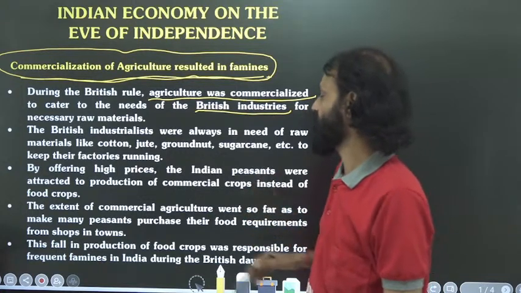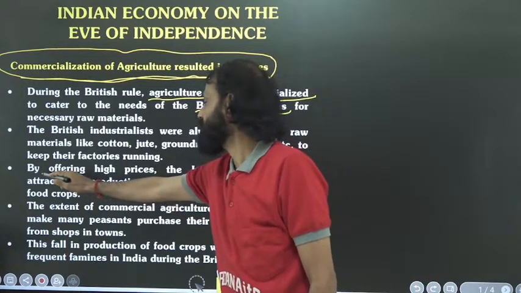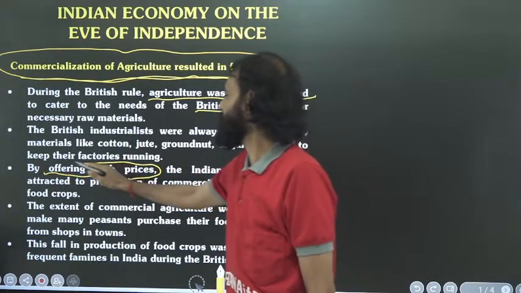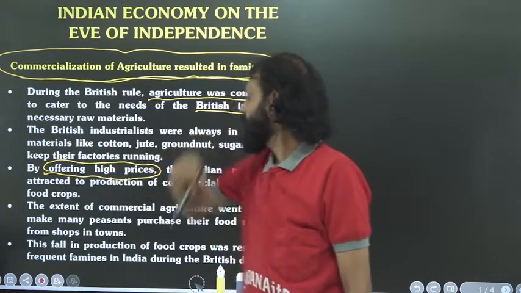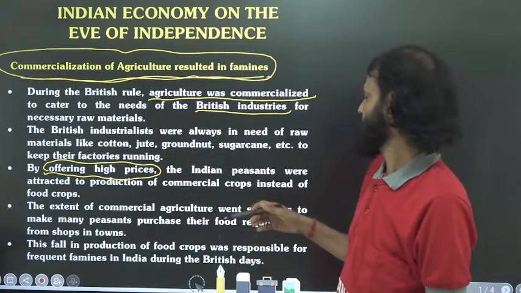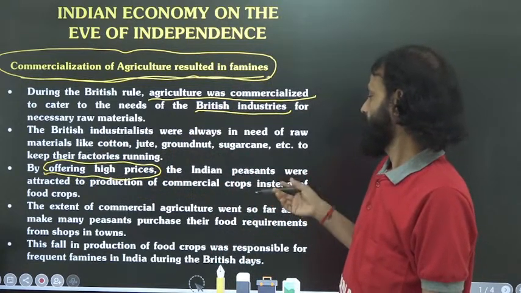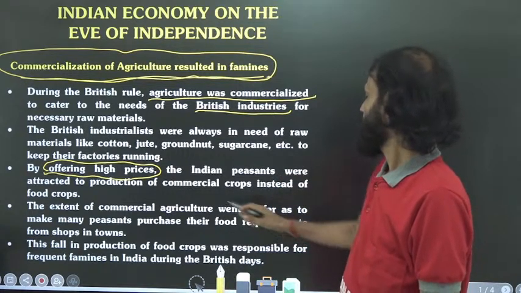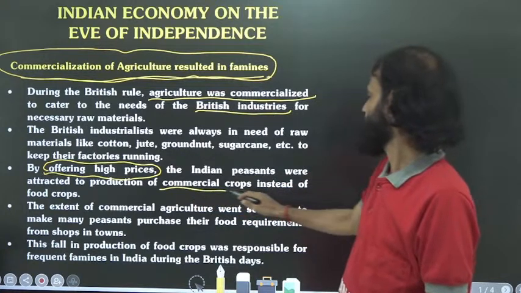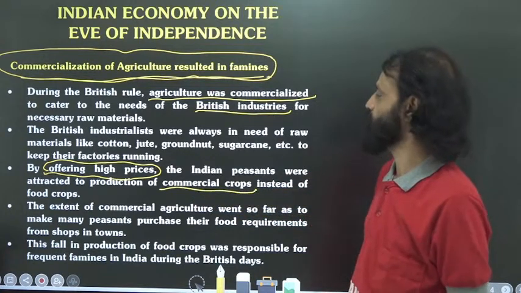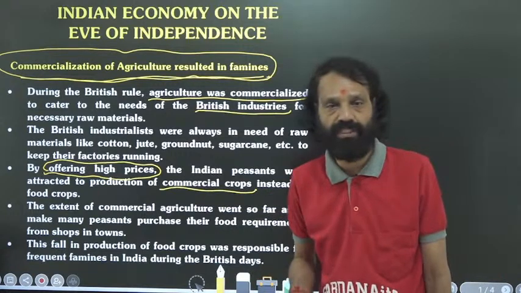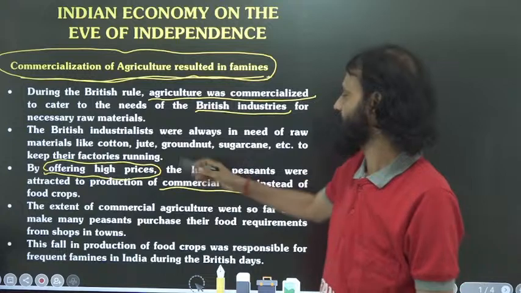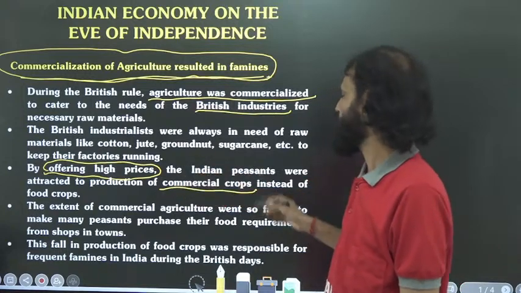Britishers offered high prices to Indian farmers, peasants and cultivators, so that Indian peasants cultivated more commercial crops. What is commercial crops? Commercial crops means cash crops. Cash crops means crops which can make more money. So by selling that, the farmers can get more money.